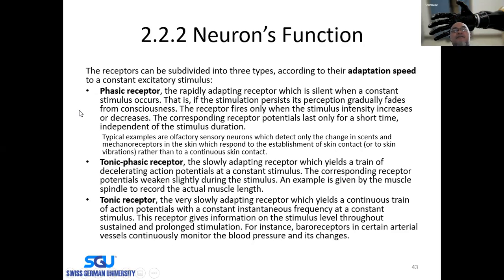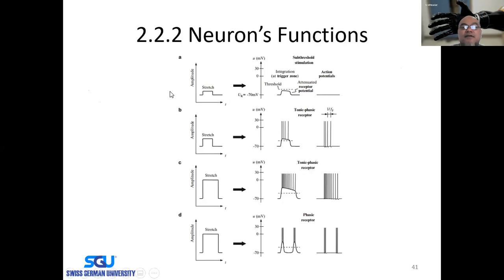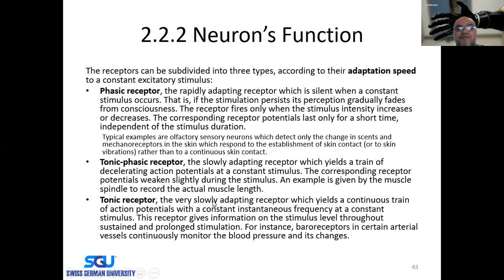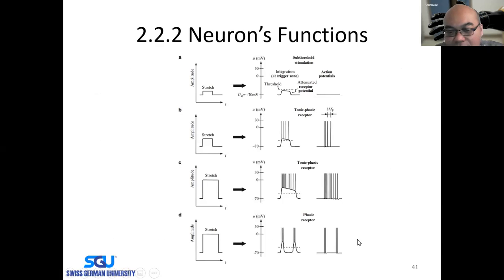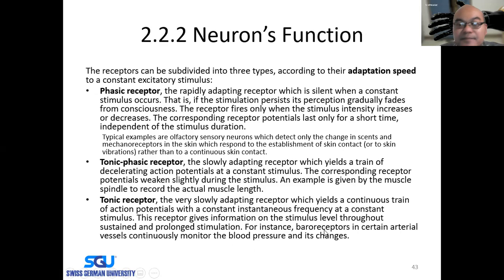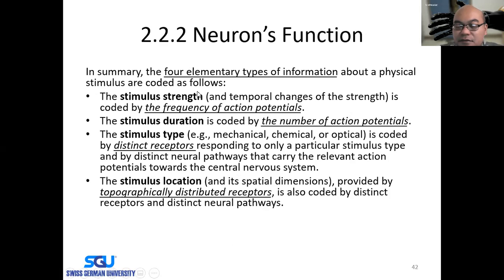Then the receptors can be subdivided into 3 types according to the adaptation speed to a constant excitatory stimulus. The first is the phasic receptor. This is the rapidly adapting receptor, which is silent when a constant stimulus occurs.